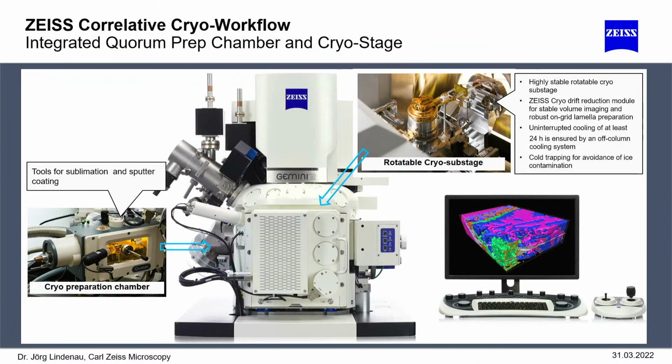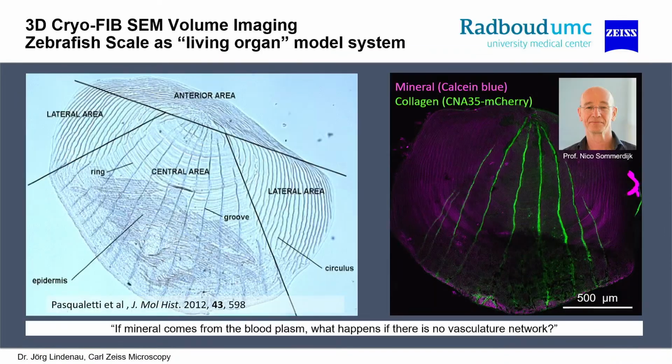And then we go into the crossbeam system and acquire volume images in the crossbeam system. I would like to show one application example we developed together with Professor Nico Sommerdijk from Radboud University in the Netherlands. He works on fish scales, and he is interested in extracellular matrix deposition of calcium.